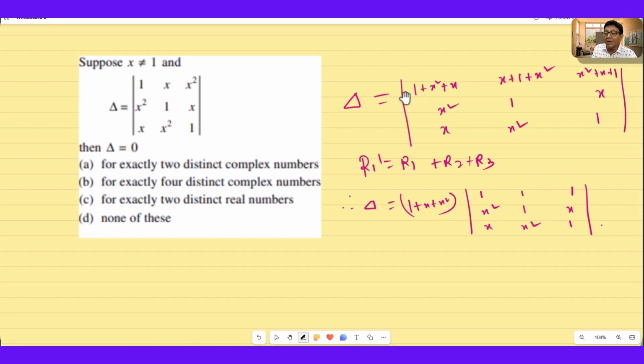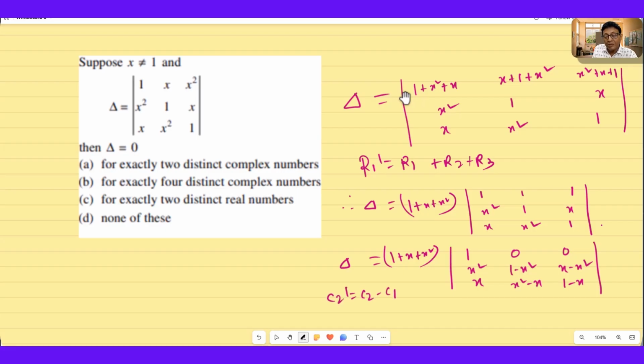So I will be using that concept, subtract this from this and this, because I want to get the maximum number of zeros for better expansion. Keeping this one unchanged, 0, 0 here, 1 minus x square, 1 minus x. So what have we done there?